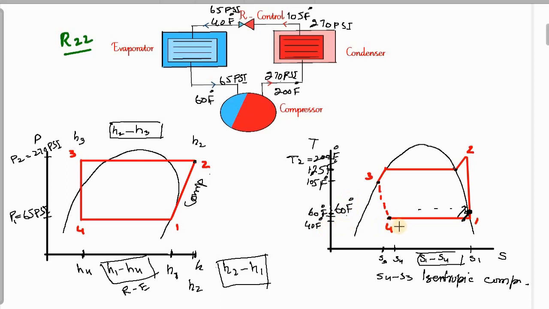During this time, the temperature increased from 40 degrees Fahrenheit to 60 degrees Fahrenheit. Here the temperature of the refrigerant is 40 degrees Fahrenheit, while here it is 60 degrees Fahrenheit. So this was our evaporation process, or we can say this is our heat addition process.